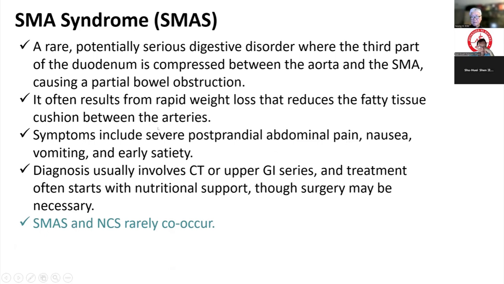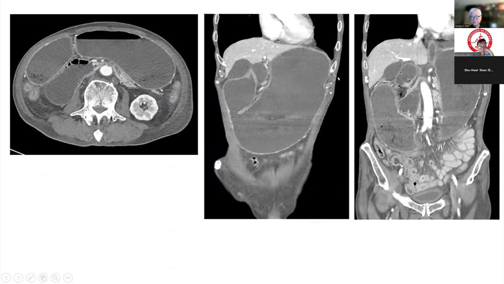But I have never seen a patient who has both typical Nutcracker syndrome and typical superior mesenteric artery syndrome. So it rarely co-occurs. But the compression phenomenon occurs in the same area between the aorta and the superior mesenteric artery in Nutcracker and the superior mesenteric artery syndrome.